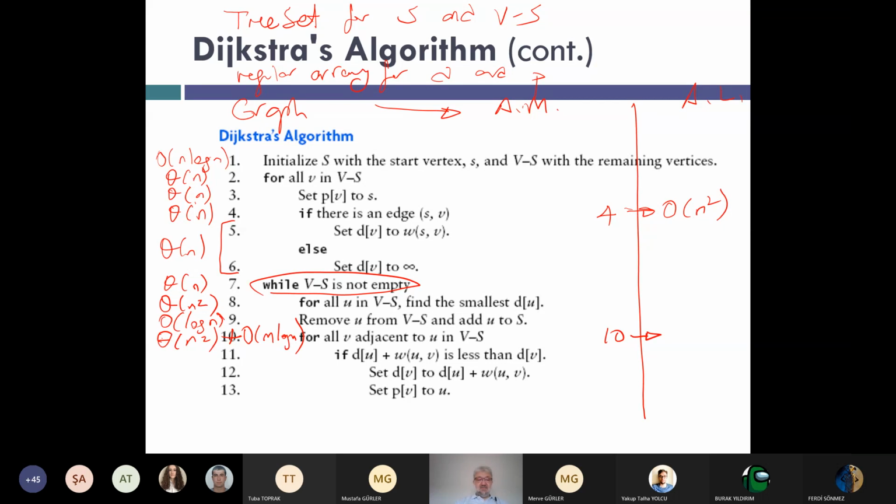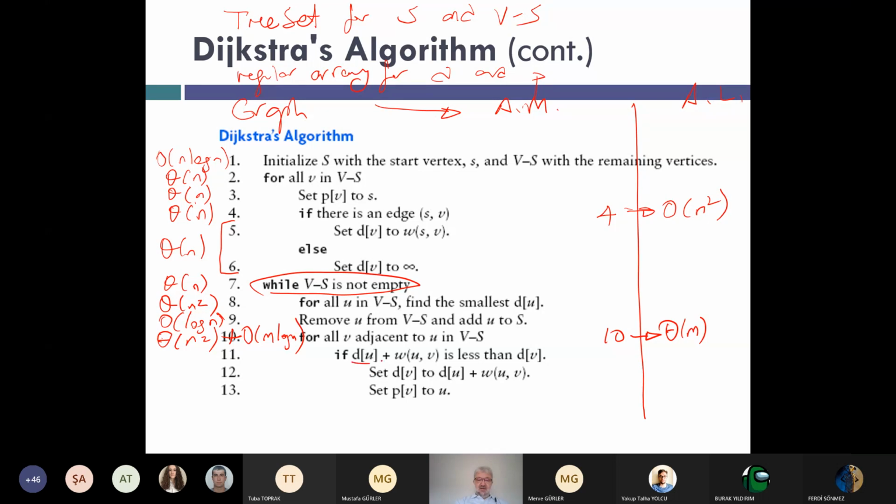For adjacency list, this will take theta m. Remember, we obtain the adjacent edges in constant time for each edge, and a total of m edges are traversed in the while loop. So it is theta m plus m log n has to be there. This plus is for both, right? Okay, we find the adjacent edge.